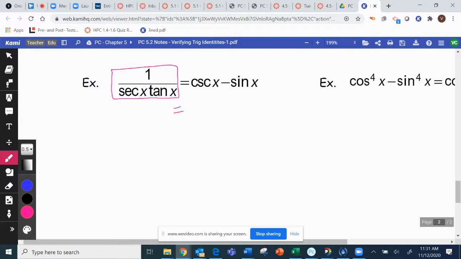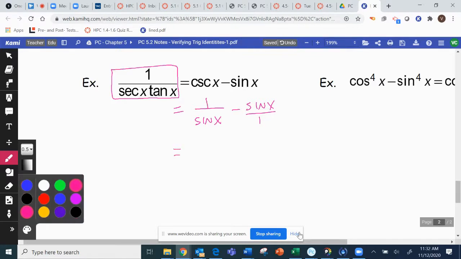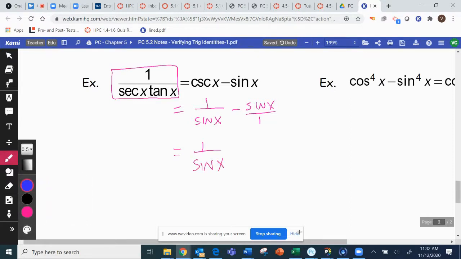Cosecant? Change cosecant into 1 over sine x. Now we can find common denominators, right? So the common denominator would be sine x. So I would have 1 over sine x. And then this second one I'd have to multiply by sine x over sine x. Now we get sine squared x over sine x.